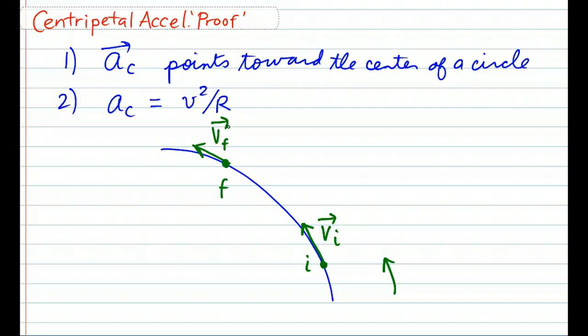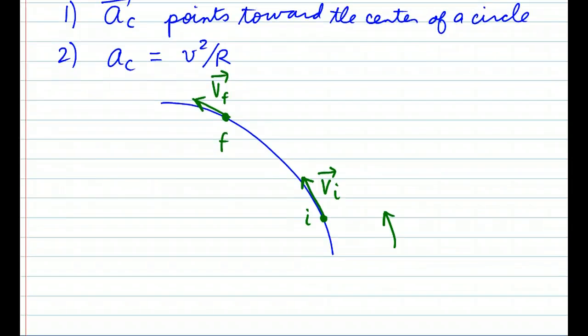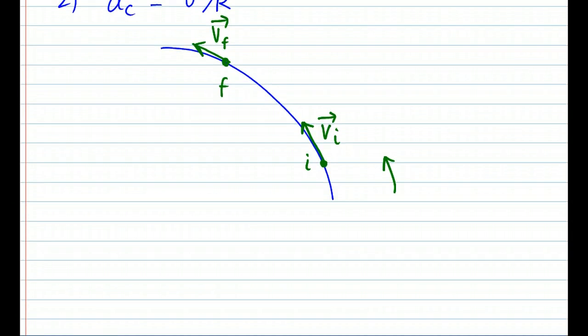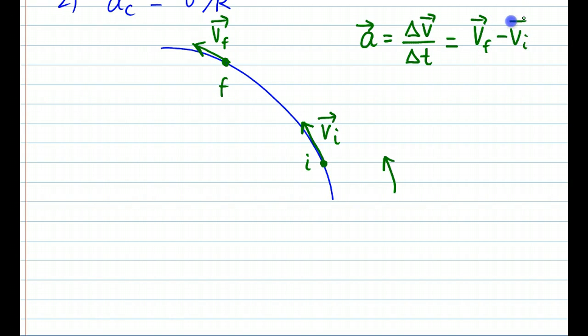I want to make sure that v initial and v final have the same magnitude, but they point in different directions. So let's think about what we have to do to actually calculate acceleration. We know that acceleration is a vector, and that it's a change in velocity divided by a change in time. And any change is final minus initial. The delta t is a scalar, so it's not going to change the direction.